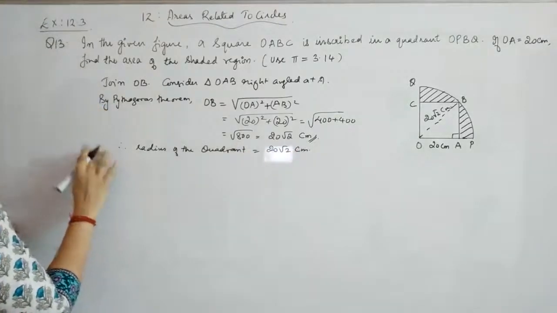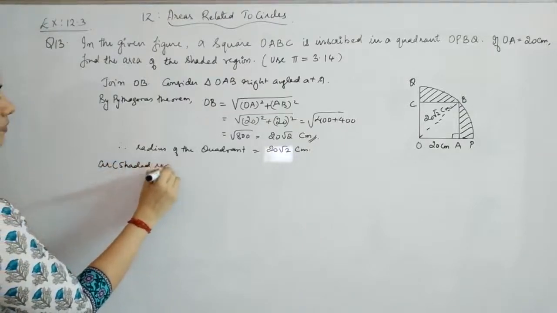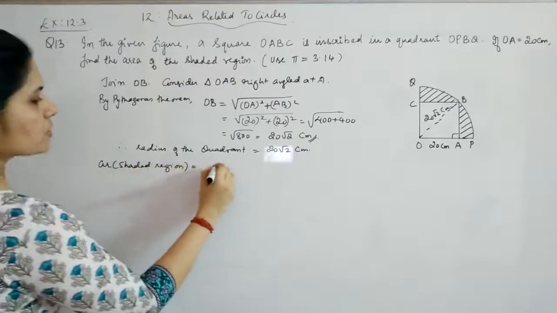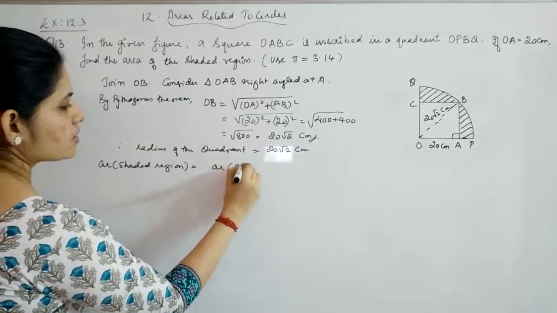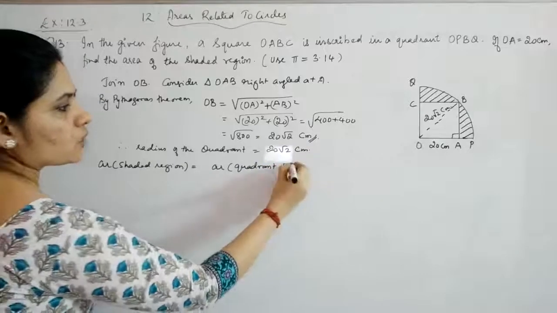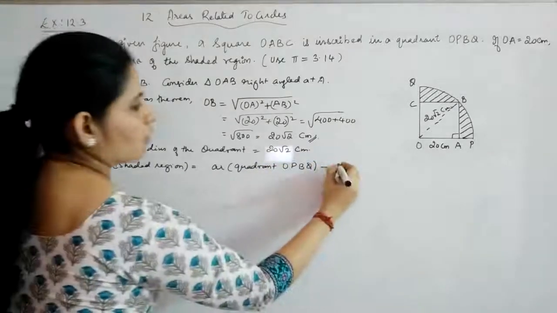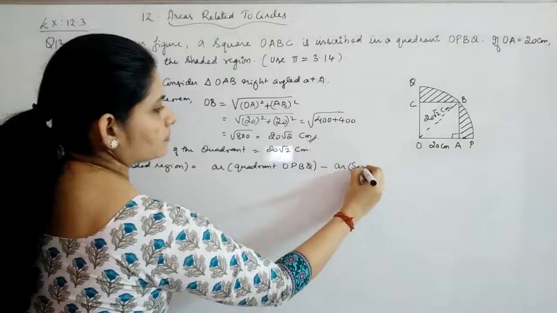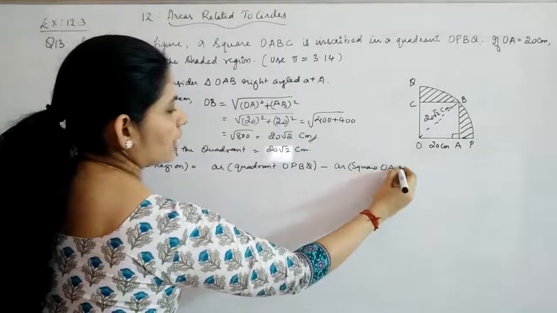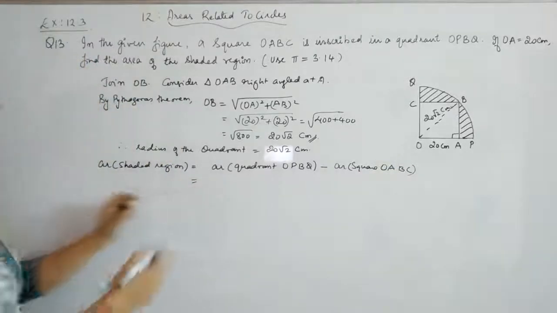Hence, the area of the shaded region will be equal to area of the quadrant OPBQ minus area of the square OABC.